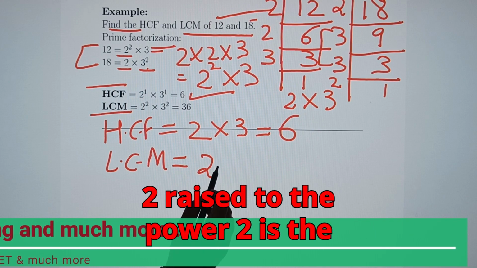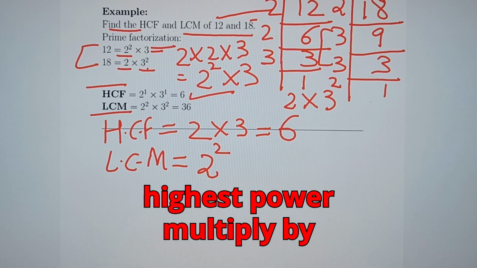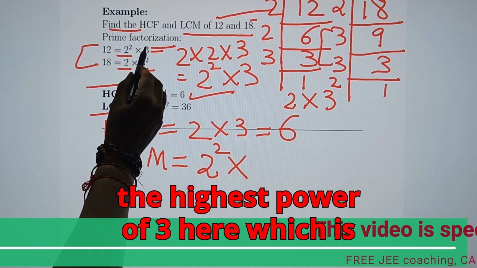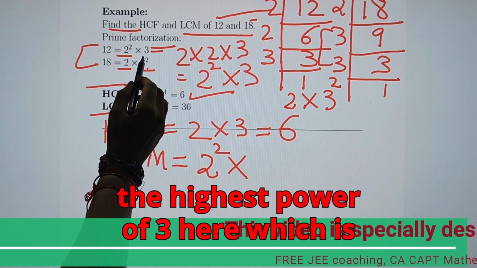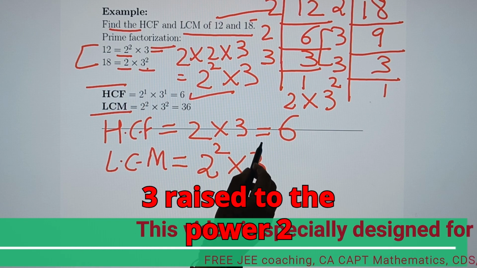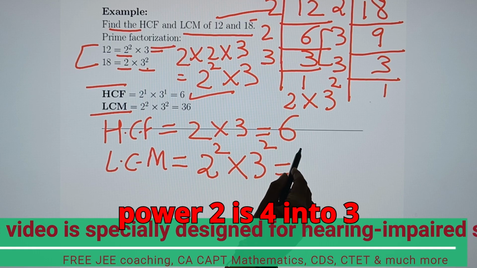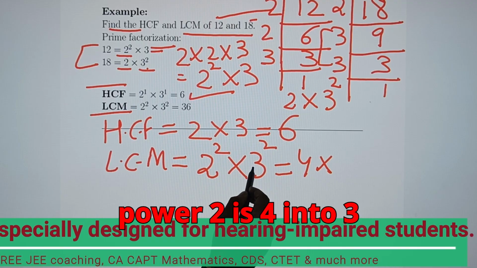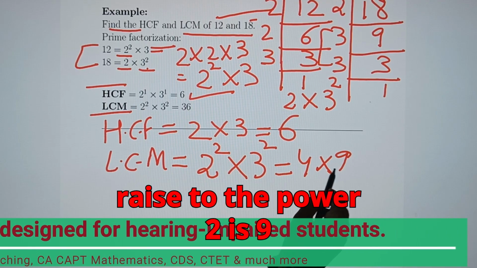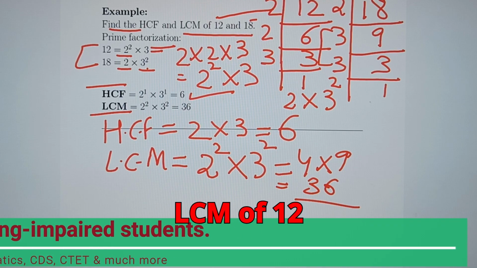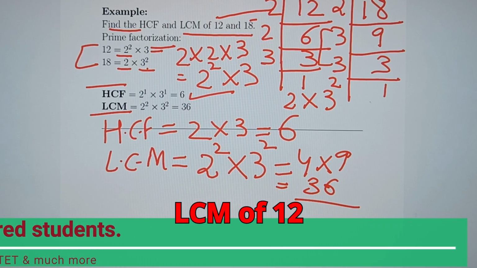So 2 raised to the power 2 is the highest power, multiply by the highest power of 3 here, which is 3 raised to the power 2. Or we can say 2 raised to the power 2 is 4 into 3 raised to the power 2 is 9. Therefore 36 is the LCM of 12 and 18.